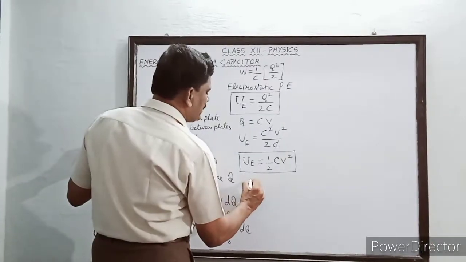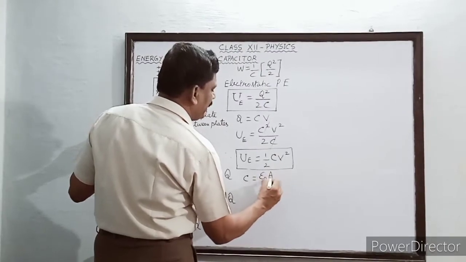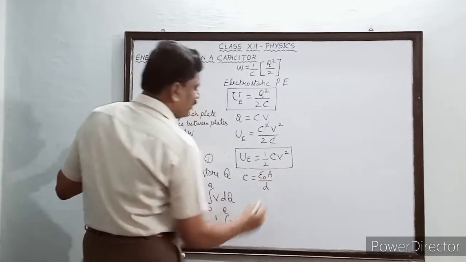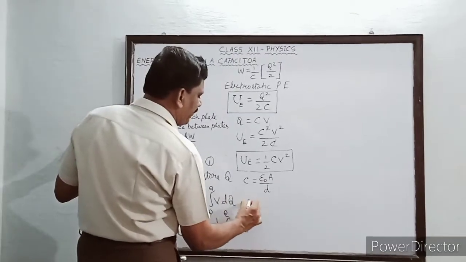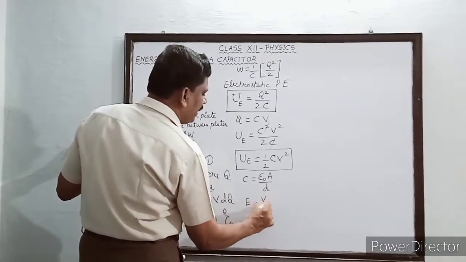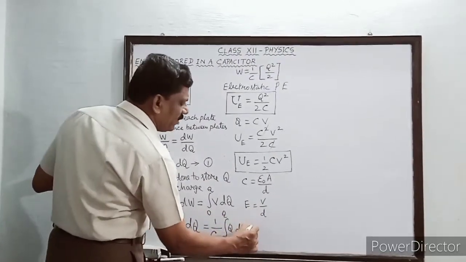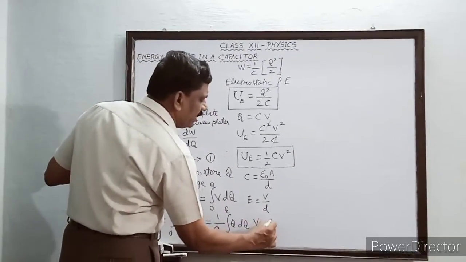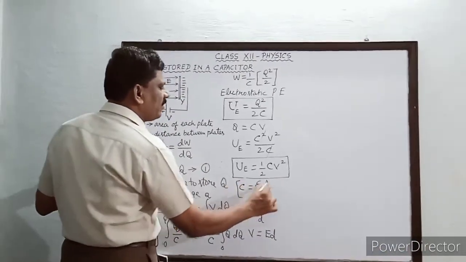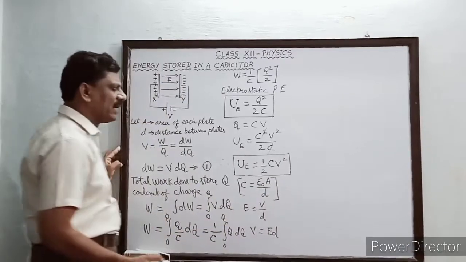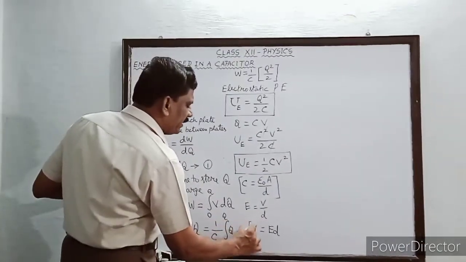So C for air medium is epsilon naught into A by D. And also the electric field E is equal to V divided by D. So from this I can also write V is equal to E into D. Look at these expressions: C equal to epsilon naught A by D and V equal to capital E into D.